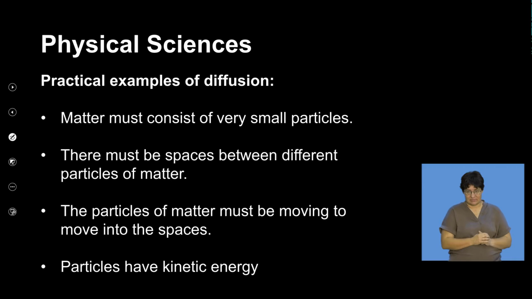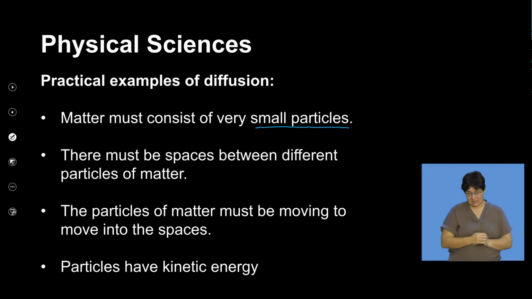Okay. And then, from the practical examples of diffusion, we know that matter must consist of very small particles, okay? Particles can be molecules, atoms, but the word particle is used generally to refer to those units that make up a substance, okay? Secondly, there must be spaces between different particles, okay?